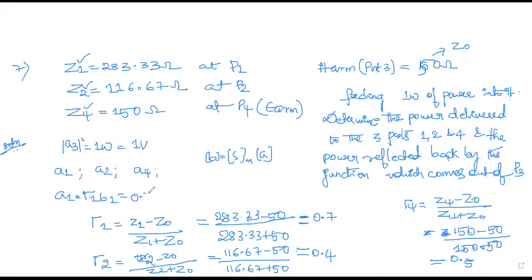So this will be A1 equal to 0.7 B1. Similarly, A2 will be gamma 2 into B2, which is 0.4 B2. Similarly, you write it after this, and I'm writing it here only. A4 is equal to 0.5 B4.